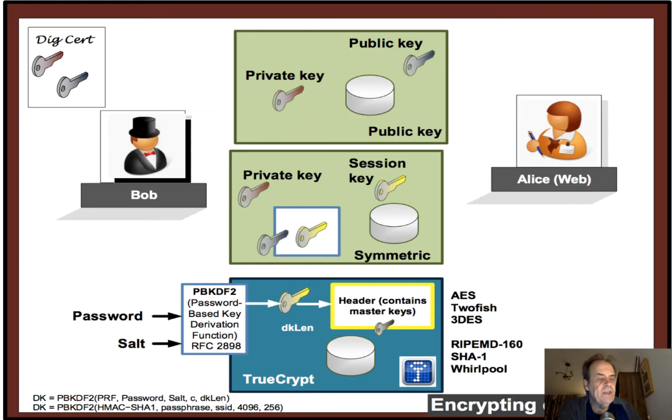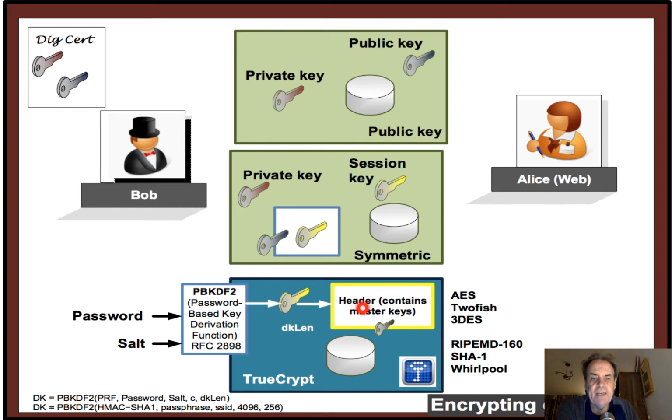So here's an example of how hashing is used. This is in TrueCrypt, where a hashing method, in this case PBKDF2, is used to generate the encryption key. A password and some salt goes in. This is quite a slow method that then produces a key.